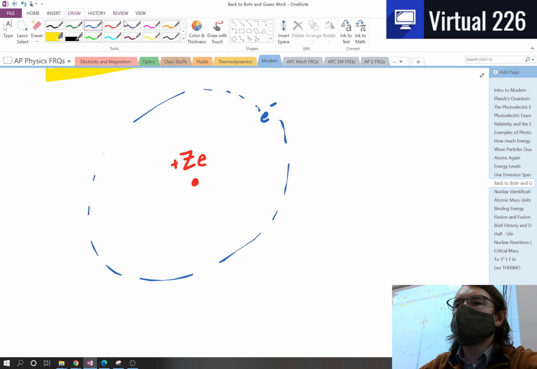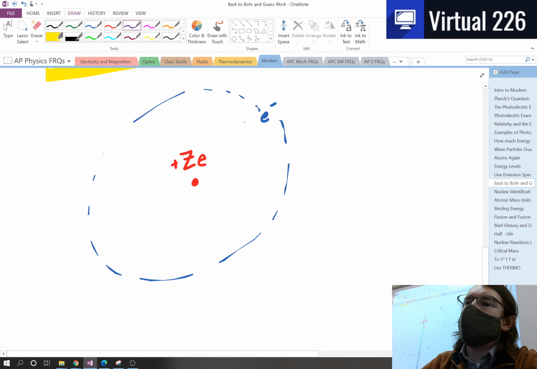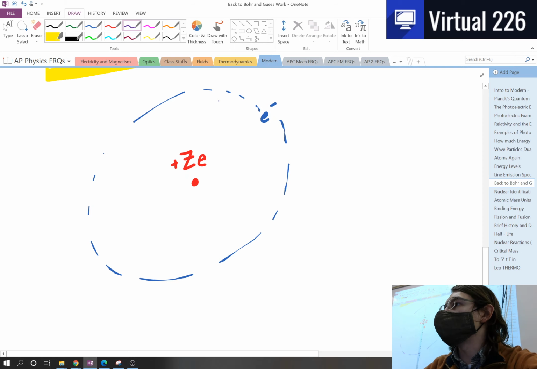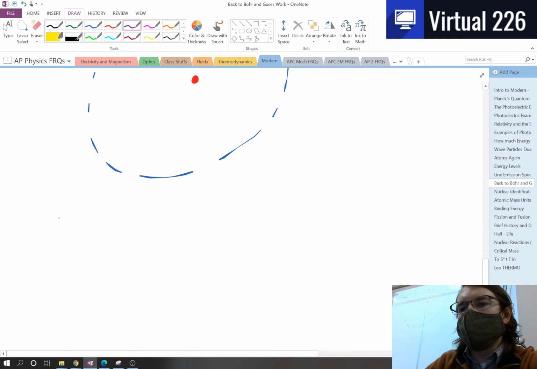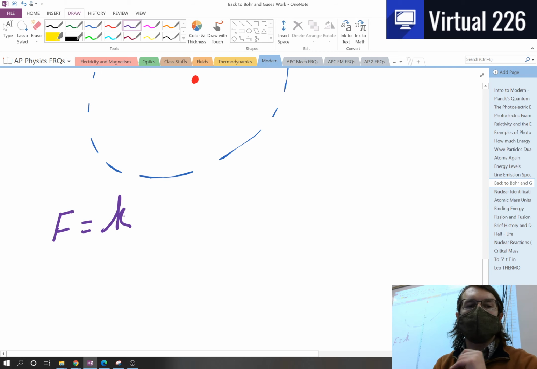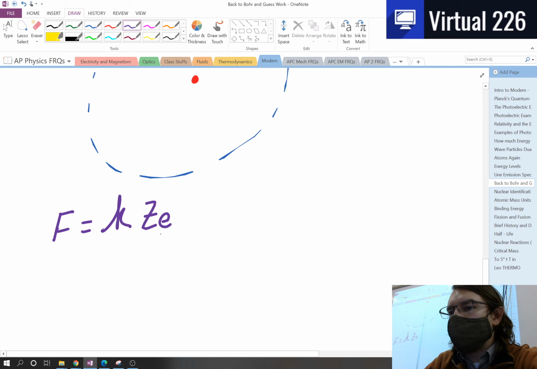Because of one of the first things we learned in this class, positive and negative charges are attracted to one another. This is Coulomb's law. If we use Coulomb's law, we can say here that F equals k q q over r squared. One of our q's here is Z times the elementary charge.